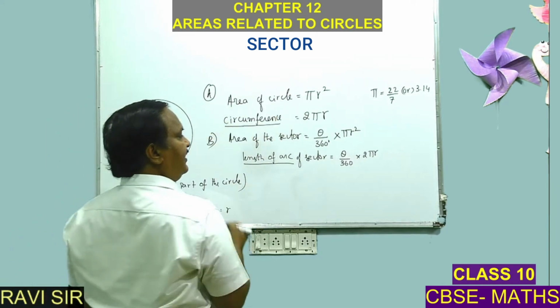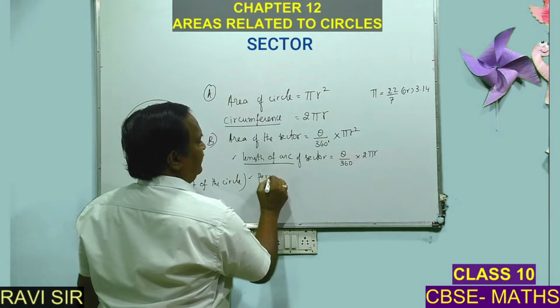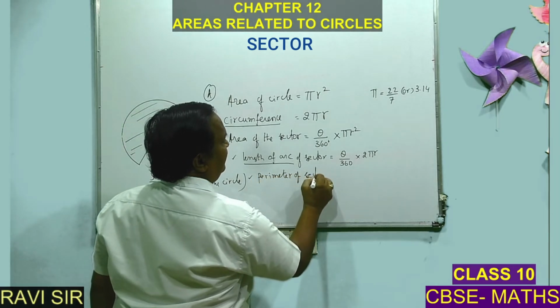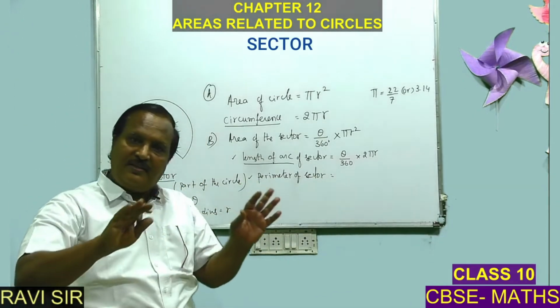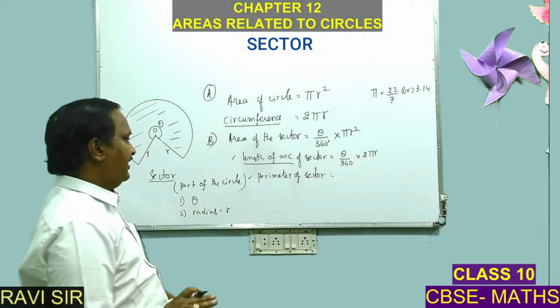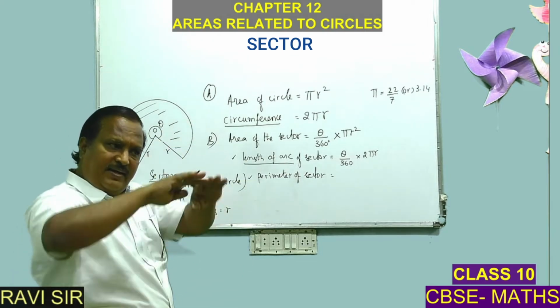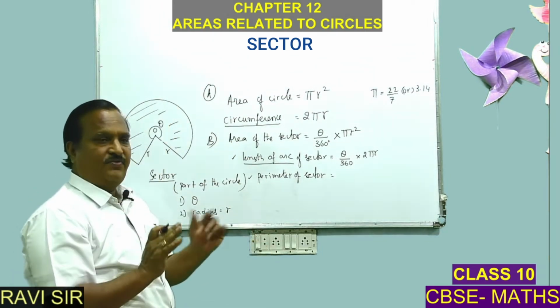Now, length of arc came. So, here one more thing is there, that is perimeter of the sector. Perimeter means the boundary, the total length of the boundary of the figure. Arc means only the length of the arc, where there is a curve, that length only we call as length of arc.